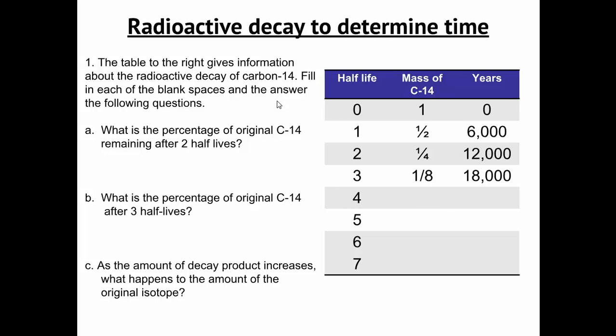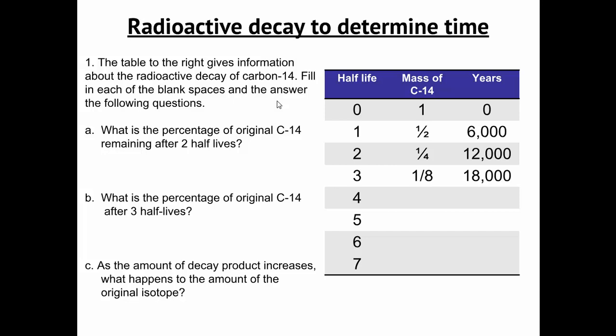At 0 half-lives, it's all carbon-14. After 1 half-life, it's only half carbon-14. Do you remember what the other half would be? Nitrogen-14. And it will have taken about 6,000 years.